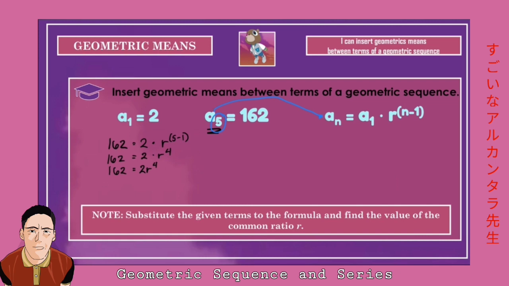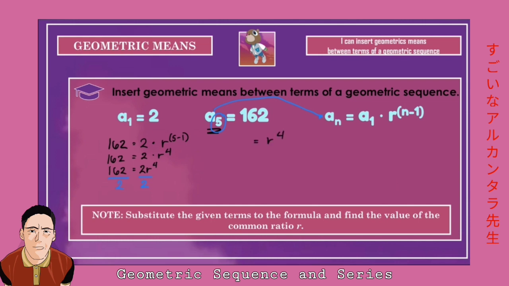Now, what you can do here is to simply manipulate the equation by applying the properties of equality. The division property: you divide both sides by 2. Why are we dividing both by 2? We want to isolate the variable. So 2 divided by 2, that's r raised to 4.